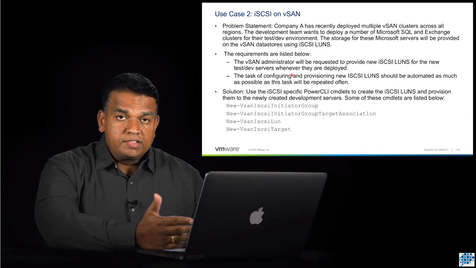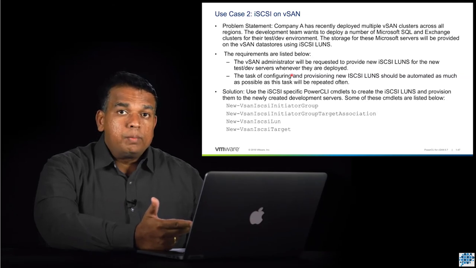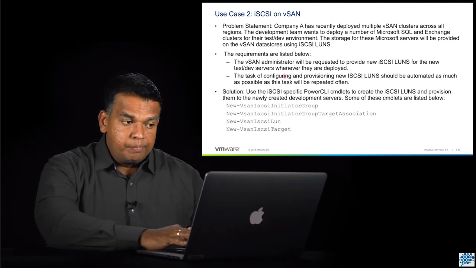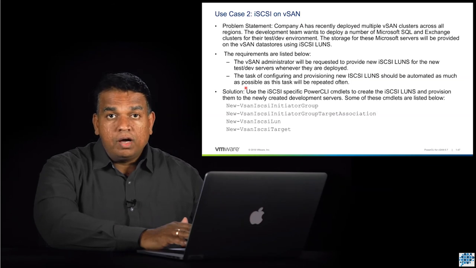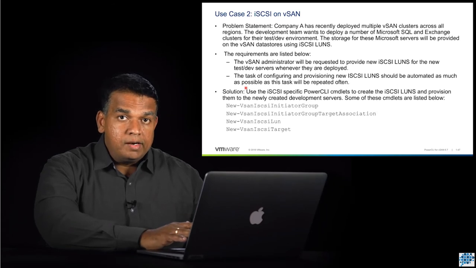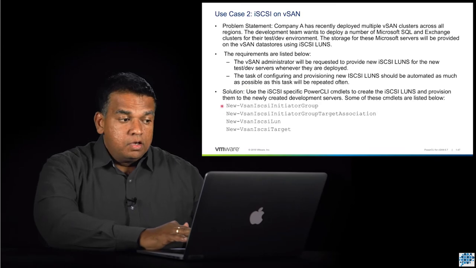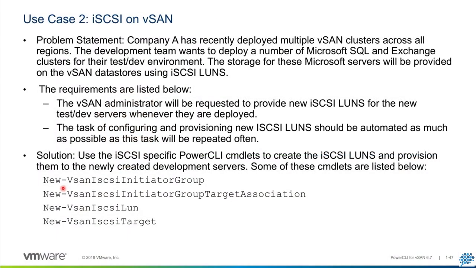So these are the requirements for this particular case study, and we need to figure out how to insert PowerCLI cmdlets into the equation, so that we can automate these tasks as much as possible. First of all, our target would be to find out which cmdlets can be used here to make our task easy. We have a few PowerCLI cmdlets like New-VsanIscsiInitiatorGroup and New-VsanIscsiInitiatorGroupTargetAssociation.